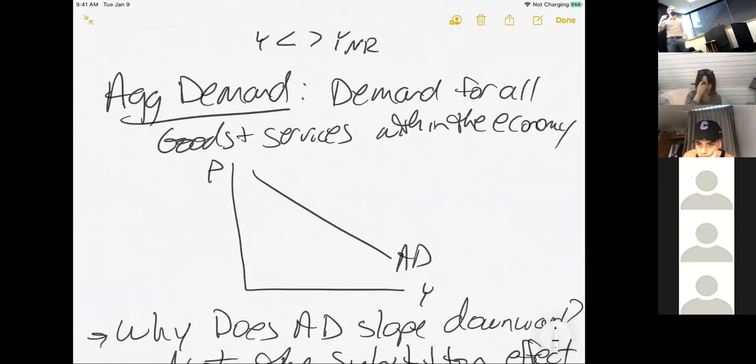If there's a change in the price level, what happens to aggregate demand? We move along our existing aggregate demand curve. But what happens if there's a change in something other than the price level? What's that going to do? It's going to shift aggregate demand.